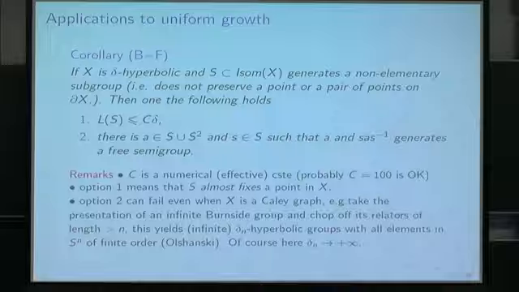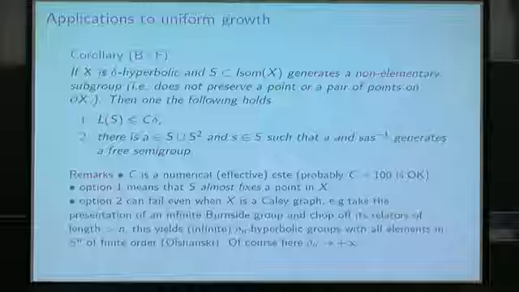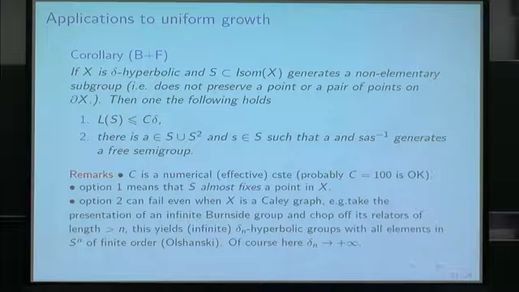Of course, in this setting the delta of the hyperbolic group goes to infinity very quickly, and that's the reason. So in this setting, you will be in part 1 here: there will be an almost fixed point.